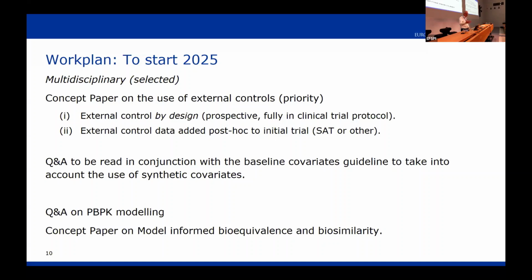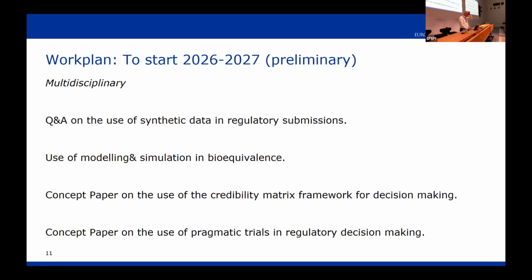And a few which might be a little bit outside your usual scope is a Q&A on pharmacology-based PK modeling or complex modeling and model-informed bioequivalence and biosimilarity. I'm highlighting them because I'm actually also there expecting that we will do that multidisciplinary and would actually hope that the same thing happens at the company side. That statisticians are involved there.